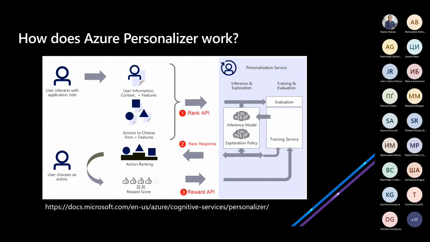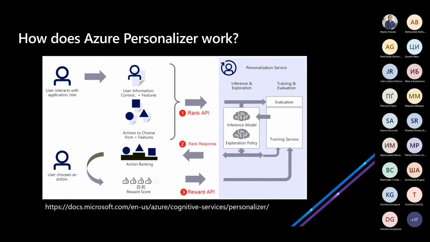The service uses those data with the Rank API, and we'll learn in a second how we are going to work with that and implement it in a Python bot in our VS Code. With the Rank API, those two kinds of data get ranked through this training service, and then with reinforcement learning, after being ranked, we get this rank response.